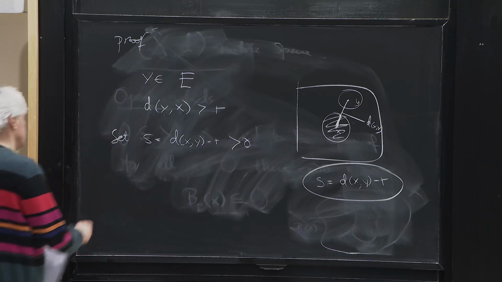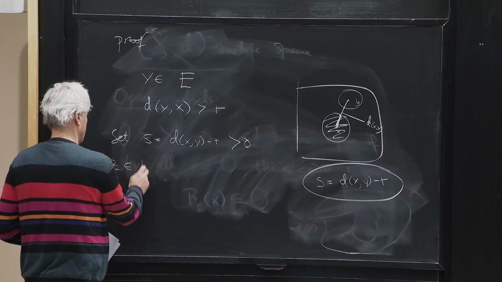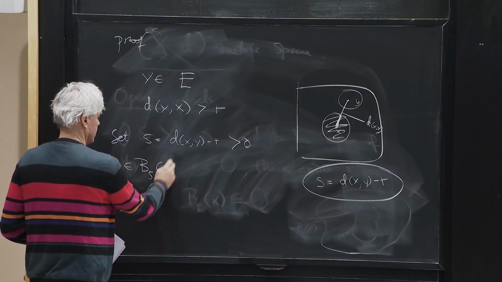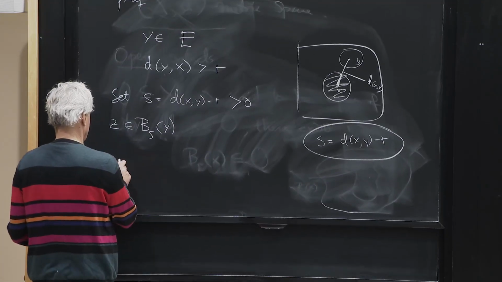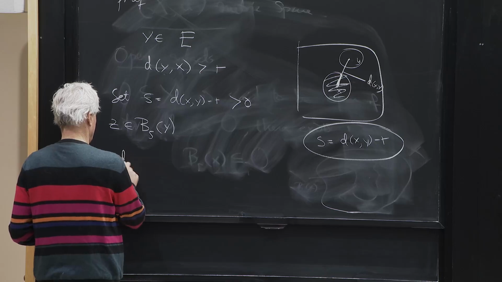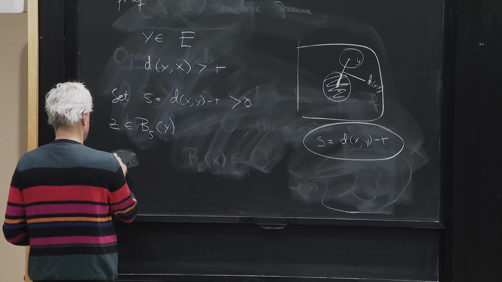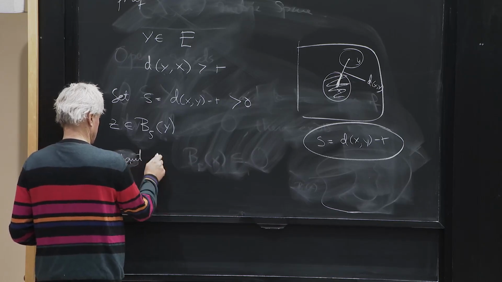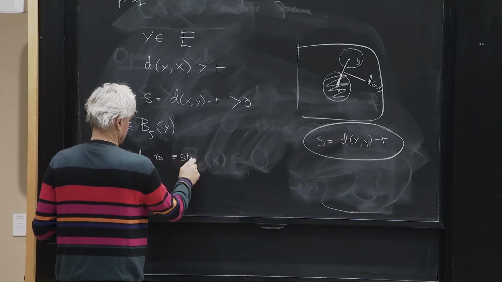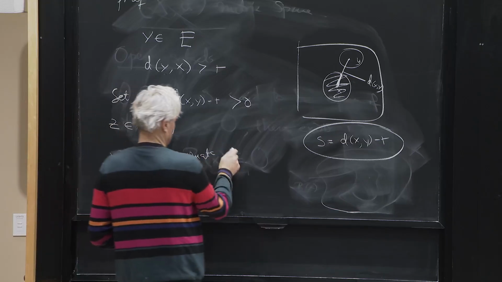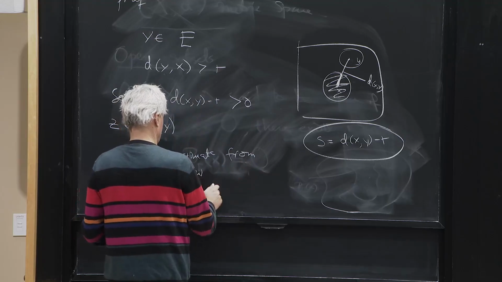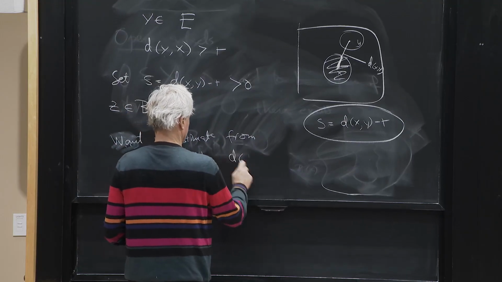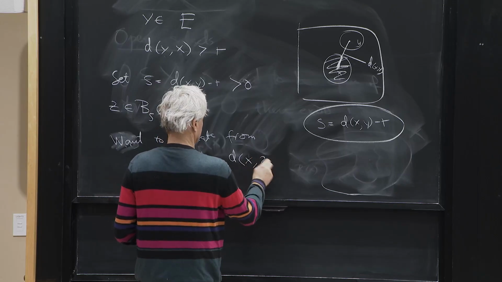And then I take z in that ball, now centered at y, with radius s. And I want to estimate from below the distance from x to z.